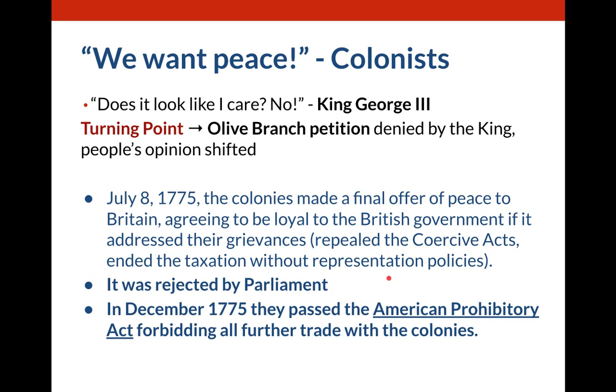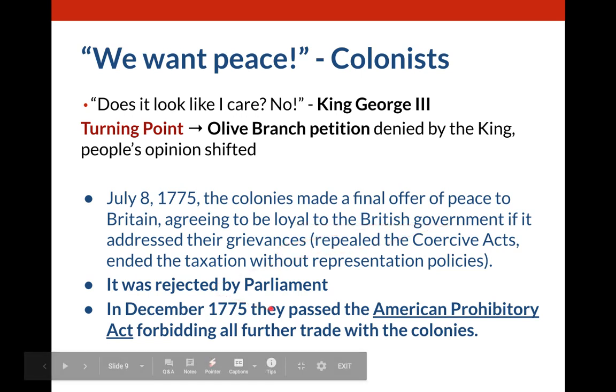So our Olive Branch Petition, our peace petition, was asking the king to take back the Coercive Acts, to cancel them, and to stop taxing us without our representation. If the king did that, we were going to be loyal to England forever.